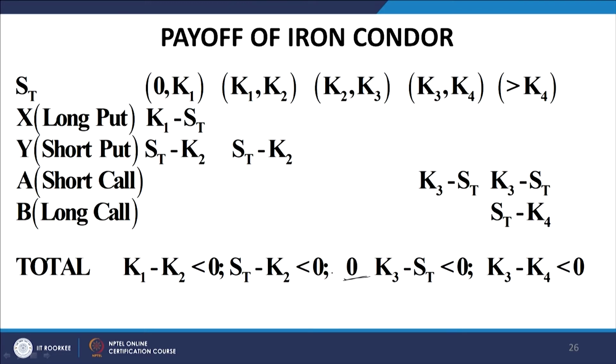At that point you had a positive cash flow, and at maturity you are faced with a negative cash flow in most scenarios, except the best case scenario where your profit or loss is 0. In other words, if the stock price ends up between K2 and K3, you make a loss of 0, and you run away with a profit equal to the difference between the premia of the two calls and the premia of the two puts that constituted the strategy at the time of conceptualization.